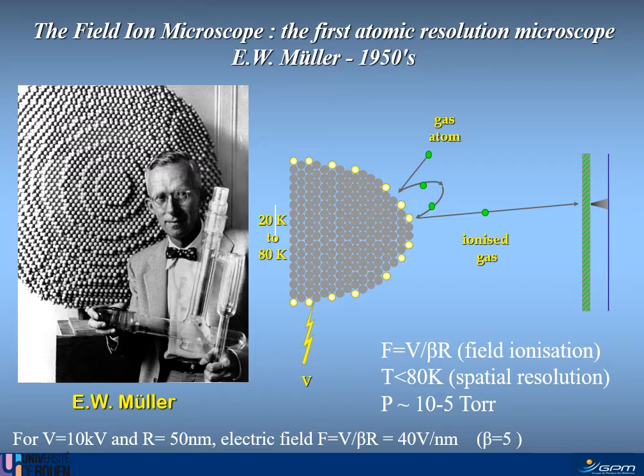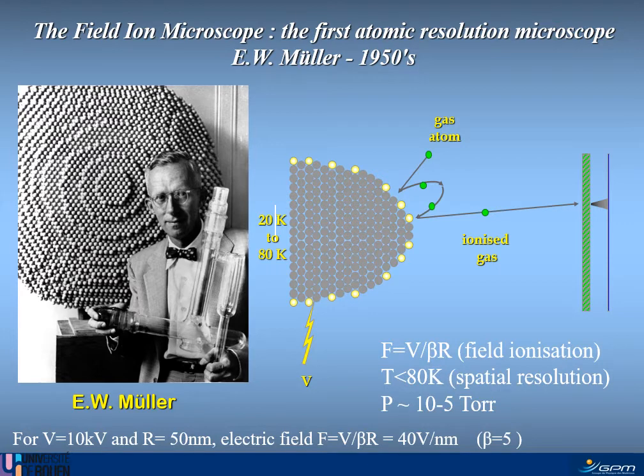Why? Because these gas atoms will be positive ions, and so these ions will be repelled by the tip that is positively biased. And so these ions will be repelled from the tip up to a screen, and the screen is phosphorus with an amplifier composed of a microchannel plate.